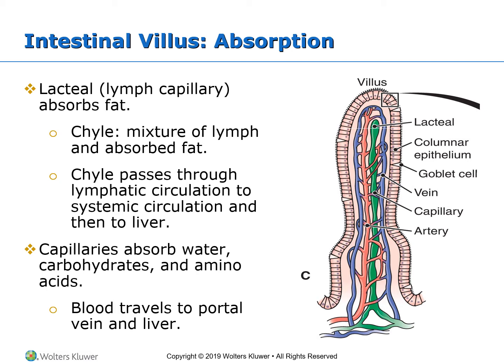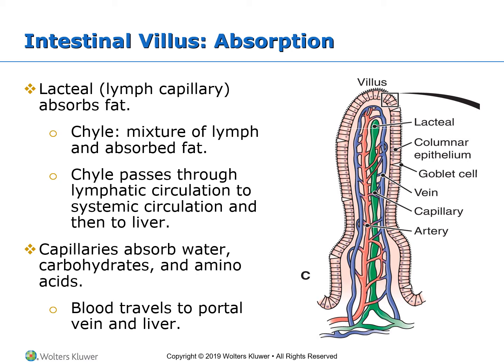At the level of the small bowel, we absorb simple sugars as monosaccharides like glucose, small peptides, amino acids, fatty acids, nucleic acids, vitamins. Most of the water will be absorbed at this level through the capillaries.